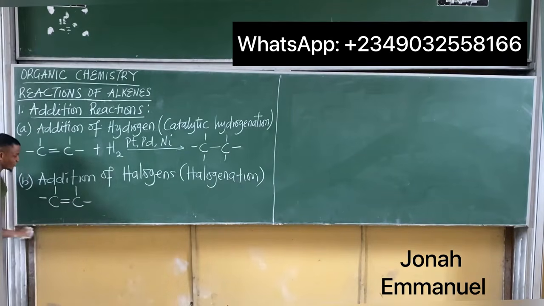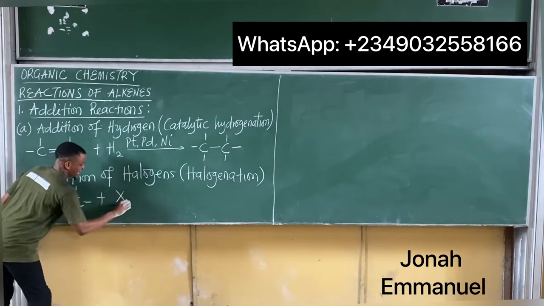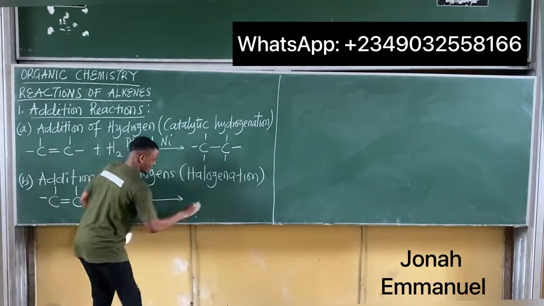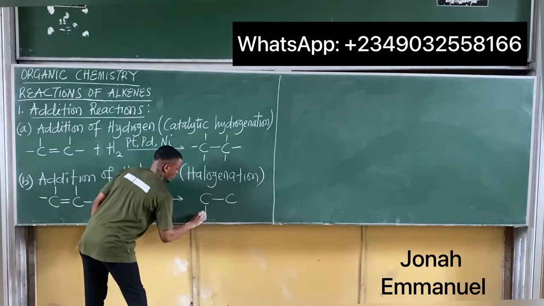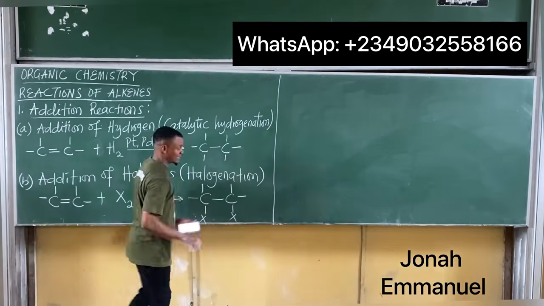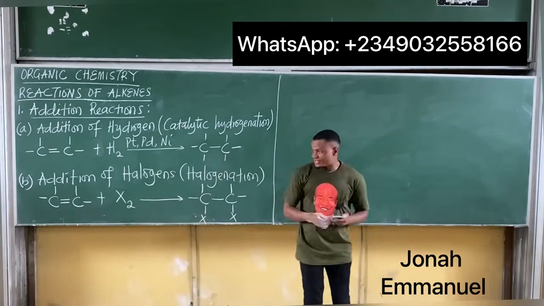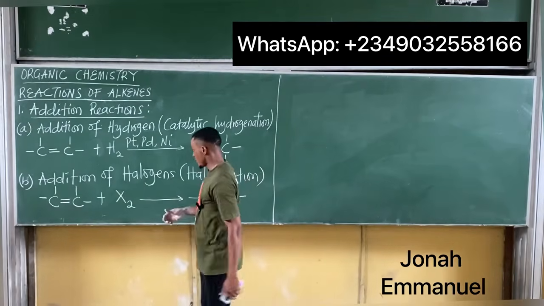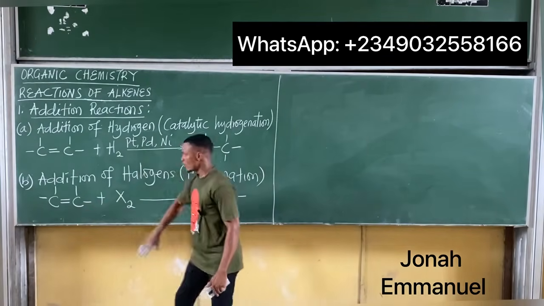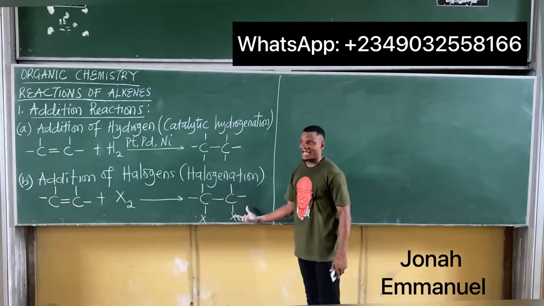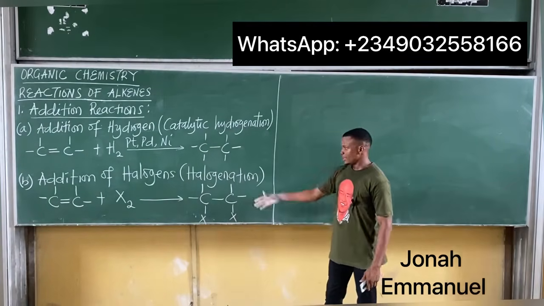I have an alkene plus halogen X2, one X will come here, one X will come here. That's a dihalide. An alkene will combine with a halogen to give you a dihalide structure. Let's get an example.